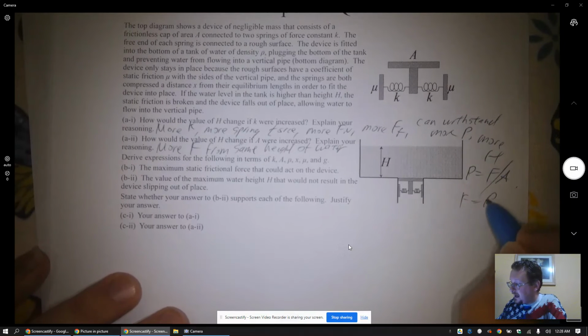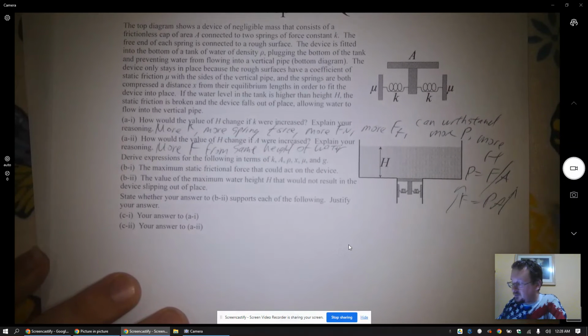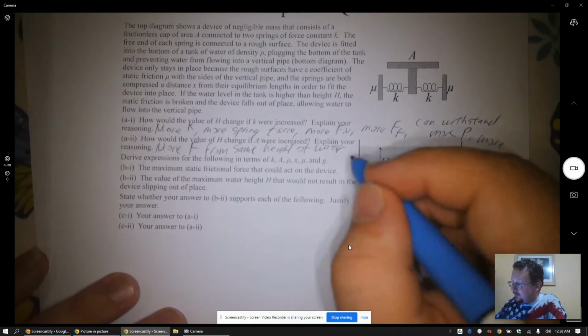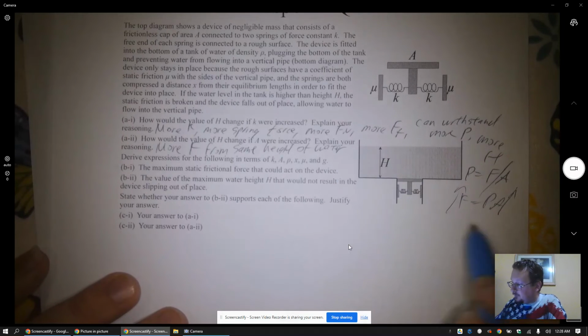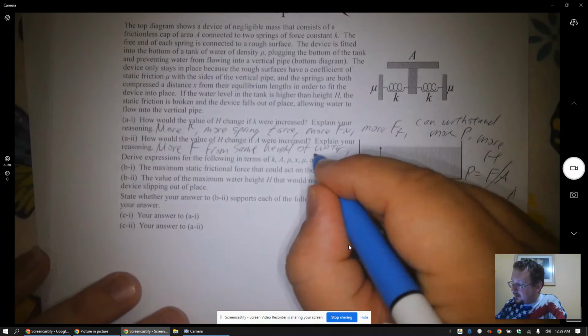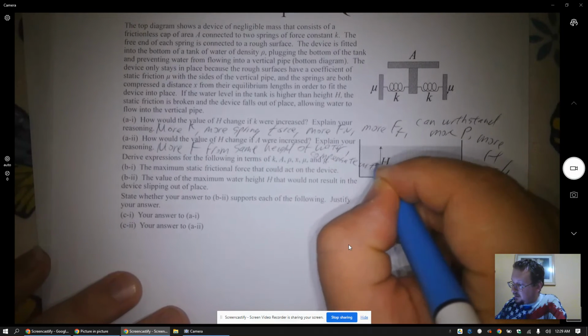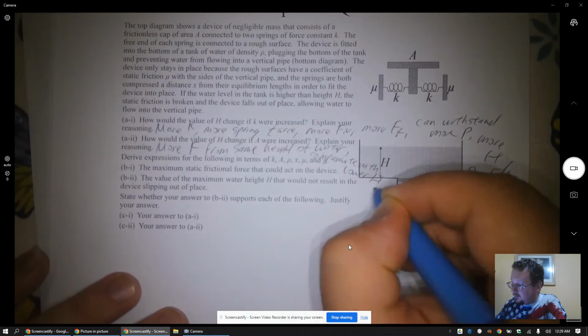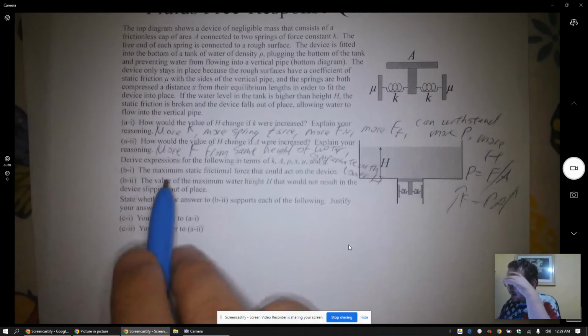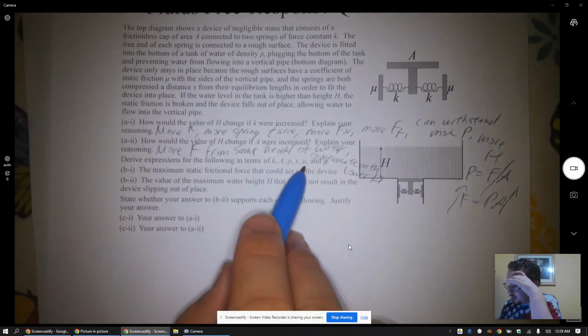F equals PA, I really meant to say. So if area goes up, force goes up, and that means that it's going to fall out of place. So we have to compensate with a lower height.